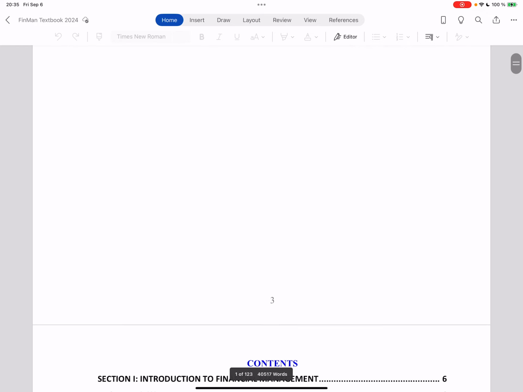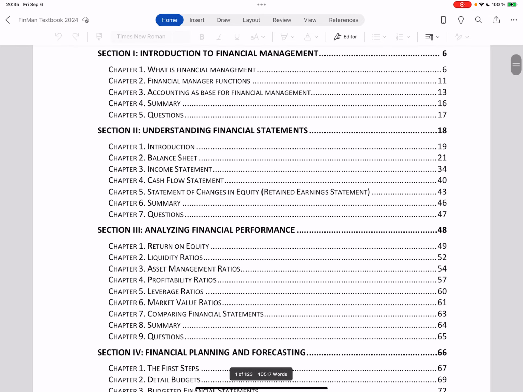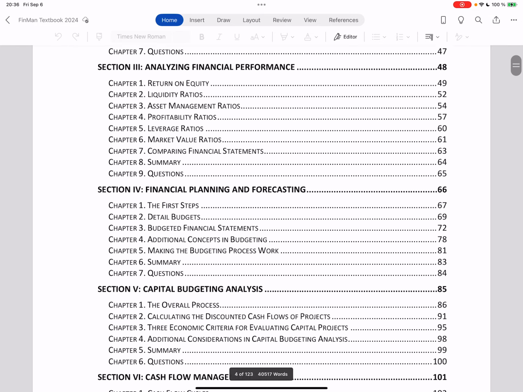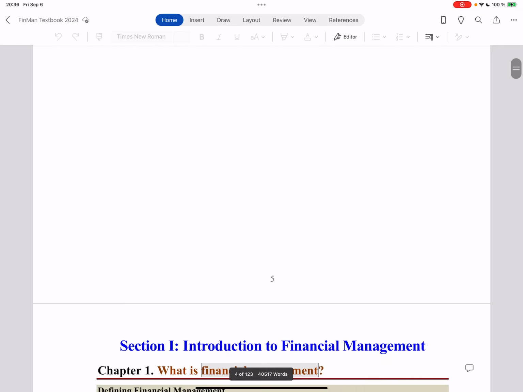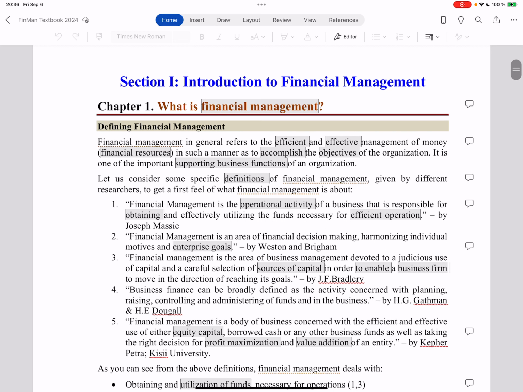Now, if you look at the contents of the book, you see that we have these sections, and today we begin with the introduction to financial management.